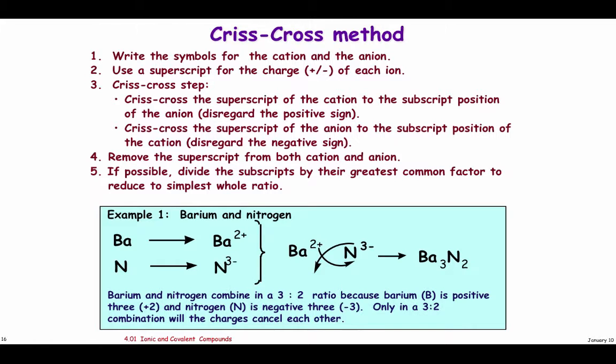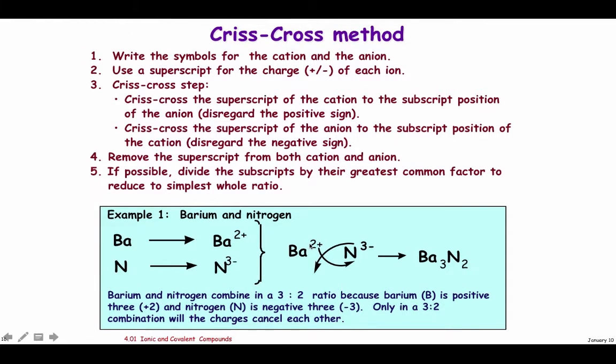Then you want to figure out what the common oxidation number will be. In this particular case, we have barium and nitrogen combining. Barium prefers to be +2, nitrogen prefers to be -3. And then we do the crisscross.